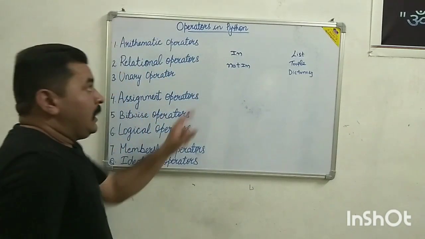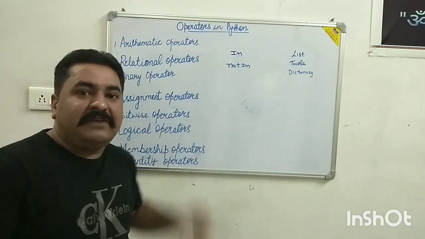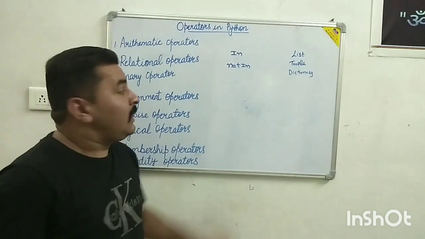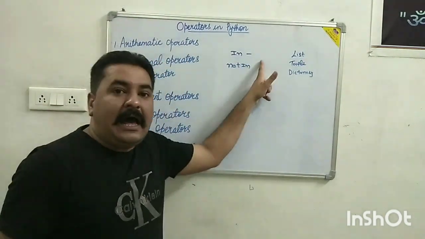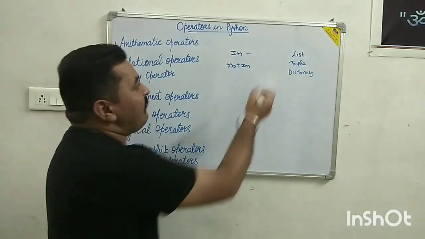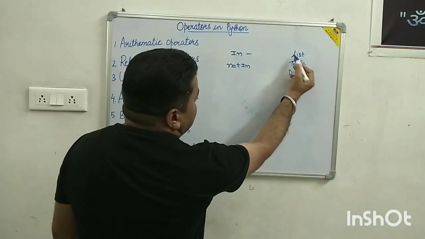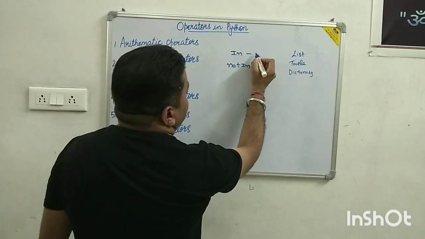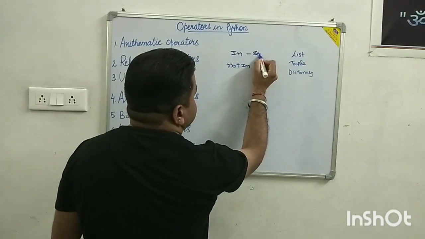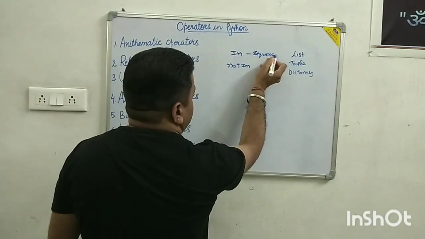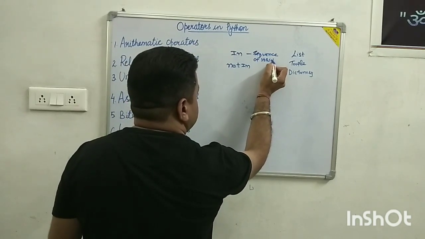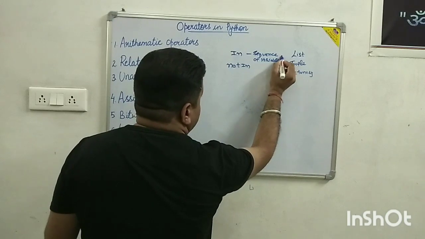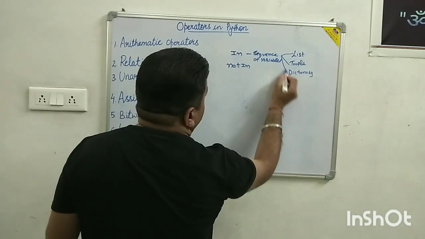In means, in this membership operator we have a sequence of elements. If we are using this in, that means the elements in sequence have variables in list, tuple or dictionary.